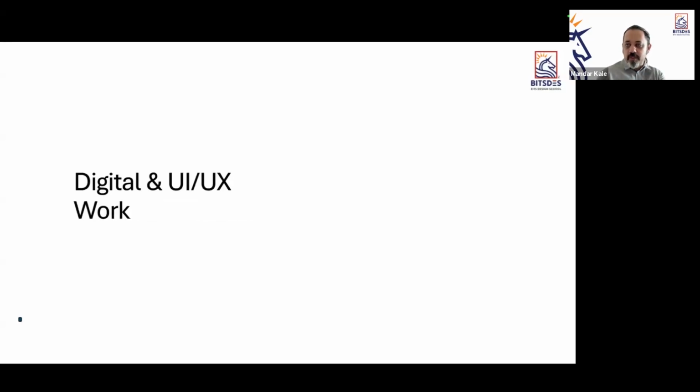For digital and UI UX also, Gaurav already spoke about it, but now it's so easy to get a clickable prototype or a lookalike. You put some sketches in it and then it's done. So try that, experiment with it.